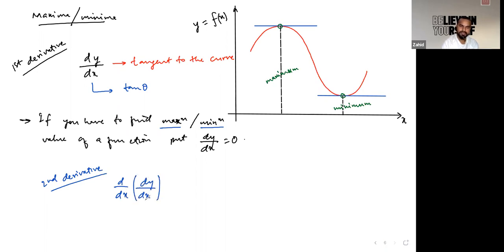In the second derivative, d times d becomes d2y, and dx times dx becomes dx squared. So this is the second derivative of the given function y. This is just the notation of the second derivative, or differentiation two times of the same term.